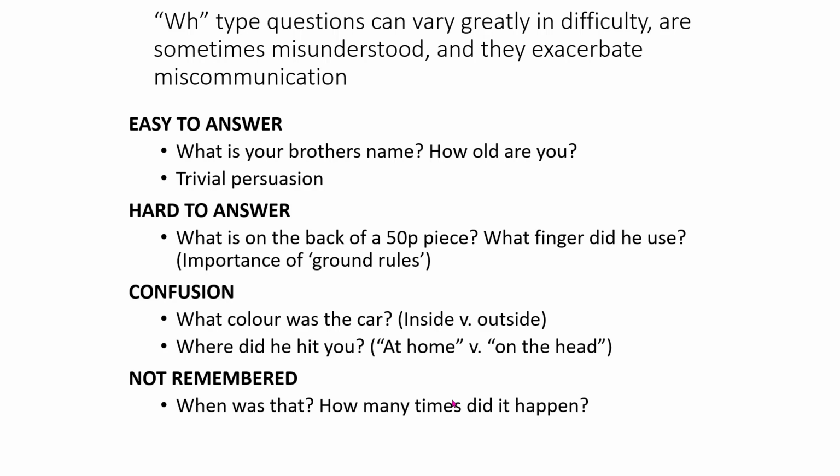Interviewers themselves might be led into a false sense of security, thinking, you know what, this child's pretty good at answering WH questions. But this is referred to by psychologists as trivial persuasion. So it's going to persuade an interviewer that the child's competent at answering these types of questions through asking a bunch of trivial questions, right?